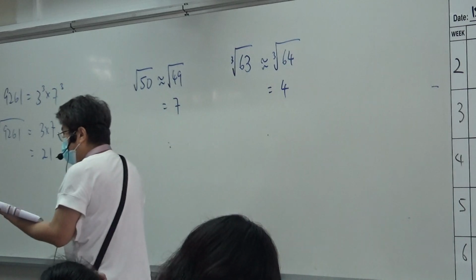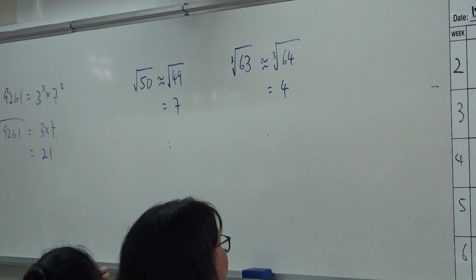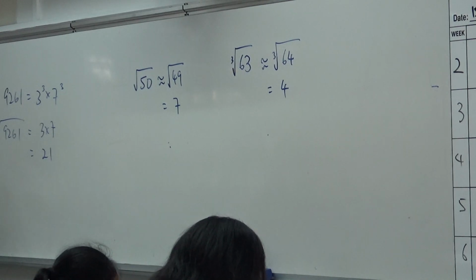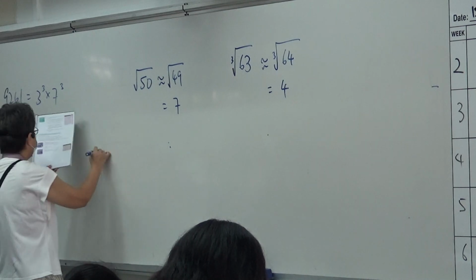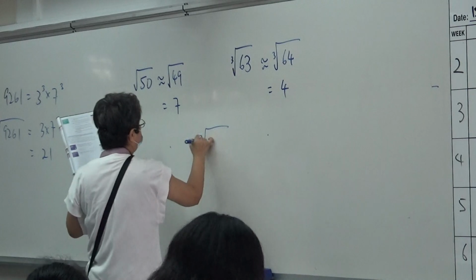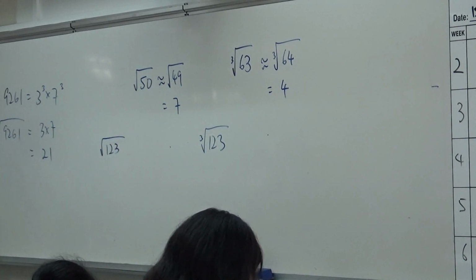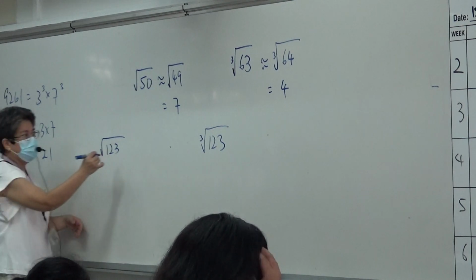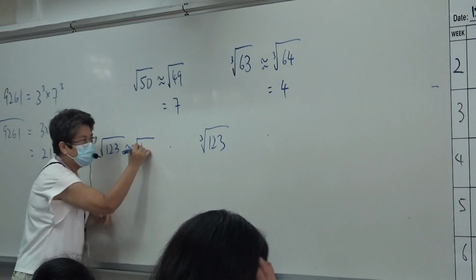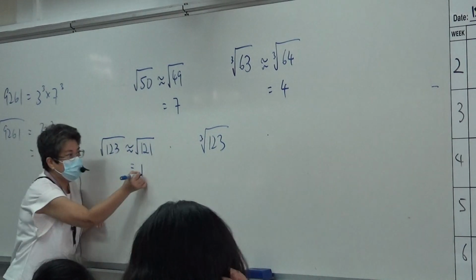Everybody okay? Alright, now then we look at practice now 8 on page 13. Okay? Square root of 123 and cube root of 123. This one I will approximate to square root of 121. Very good. This was 11.